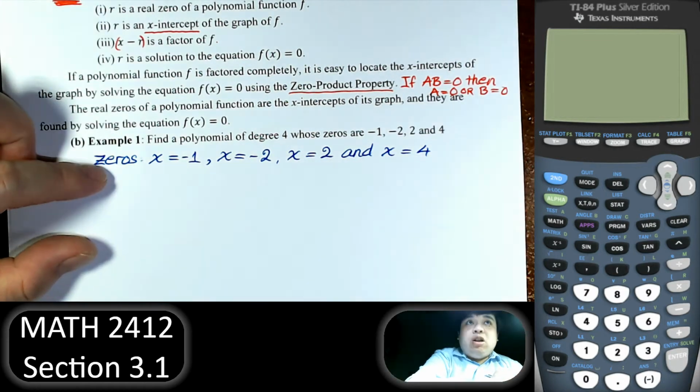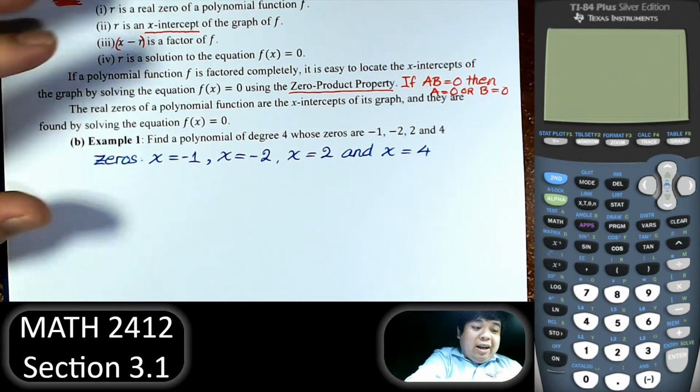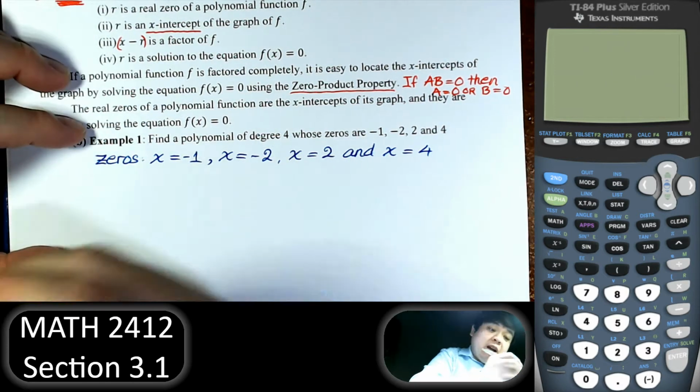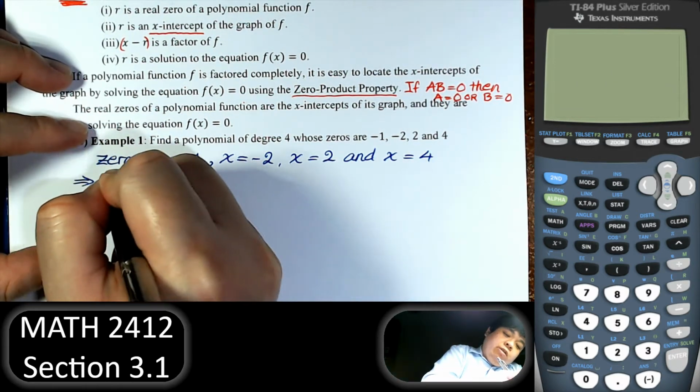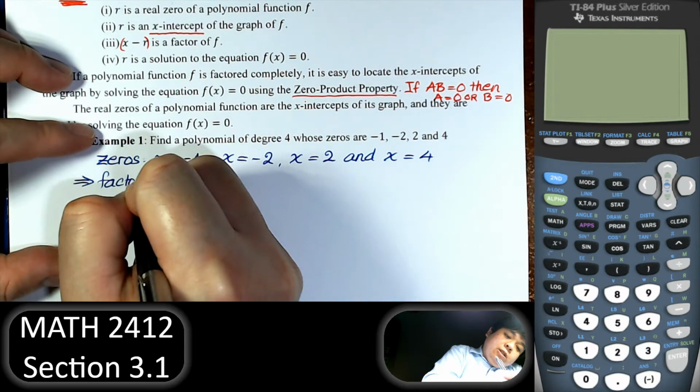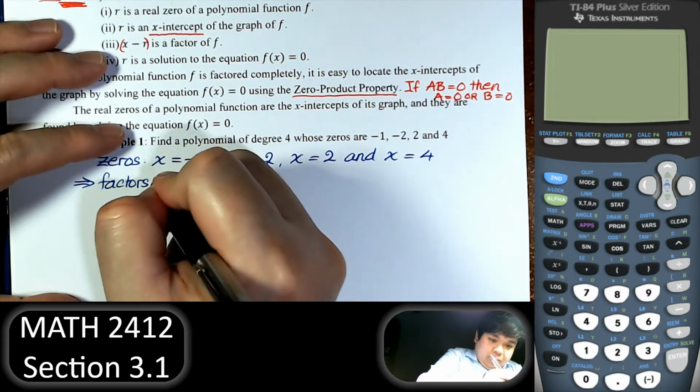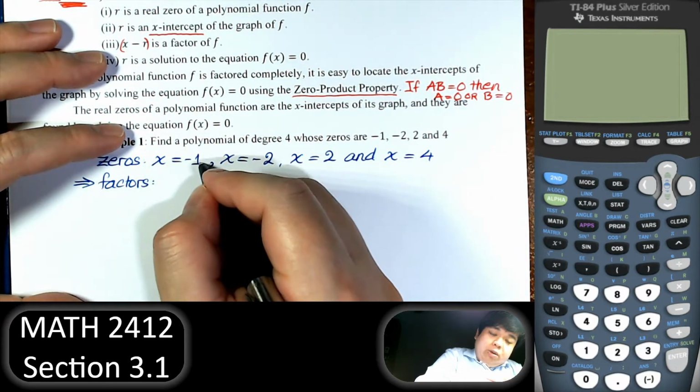Now, if those are the zeros, then x minus those numbers will be factors. So we will get the factors: x minus those numbers.